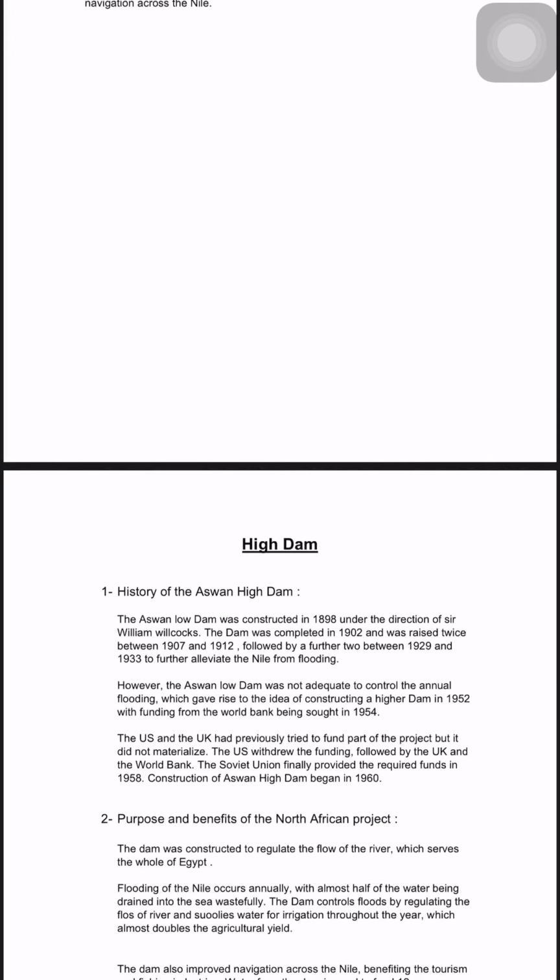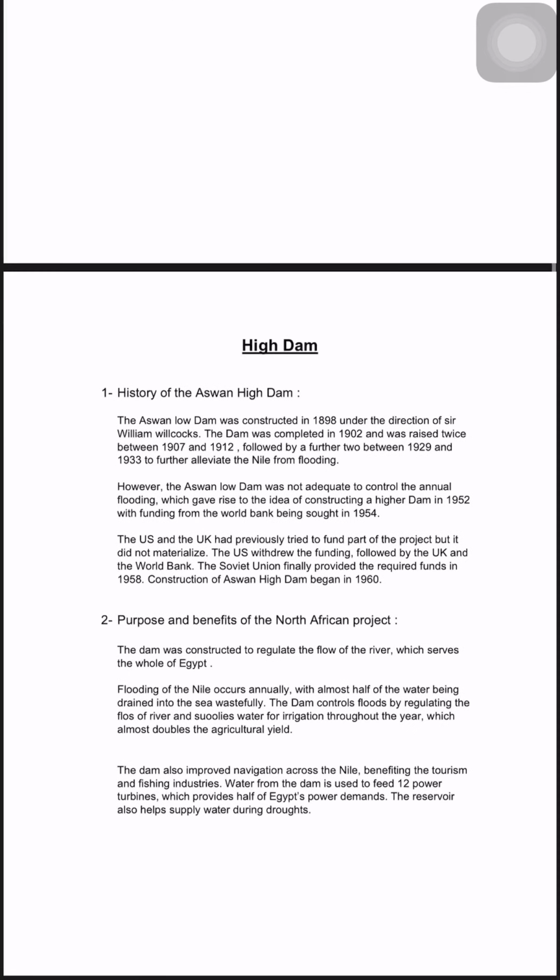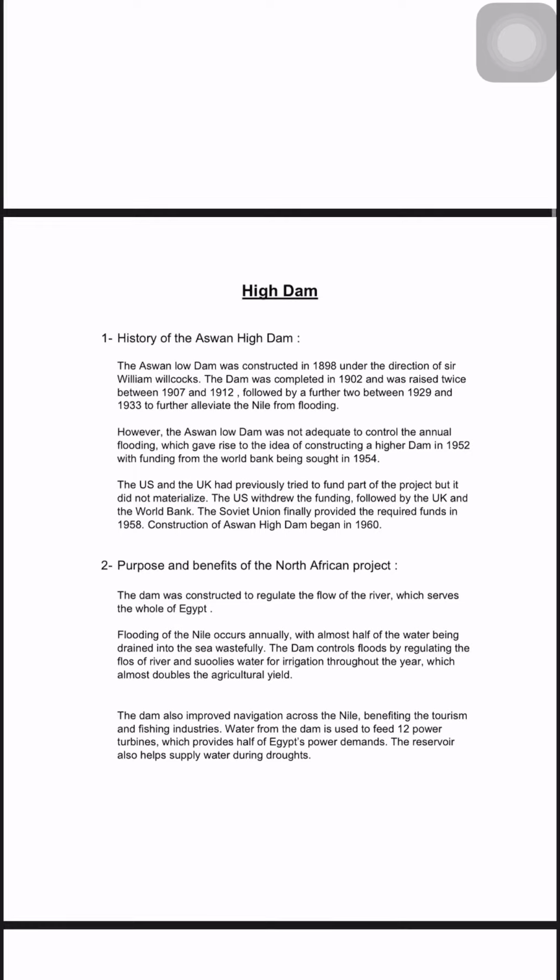History of the Aswan High Dam. The Aswan Low Dam was constructed in year 1890 under the direction of Sir William Willcocks.